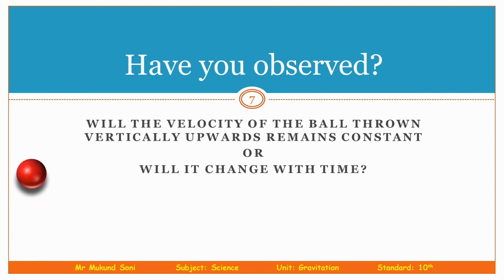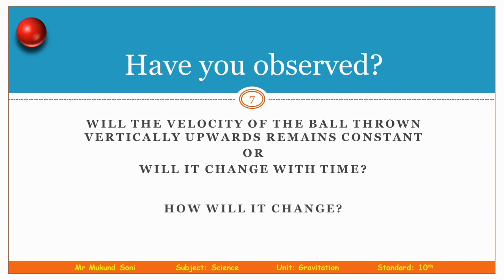Will its velocity change with time when we throw it upward? Like as time goes ahead, will the speed of the ball remain the same? Think. Or will it change? How will it change?